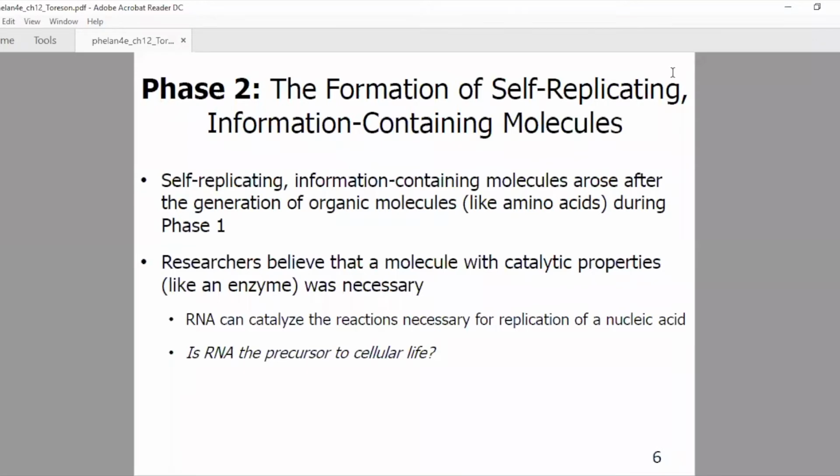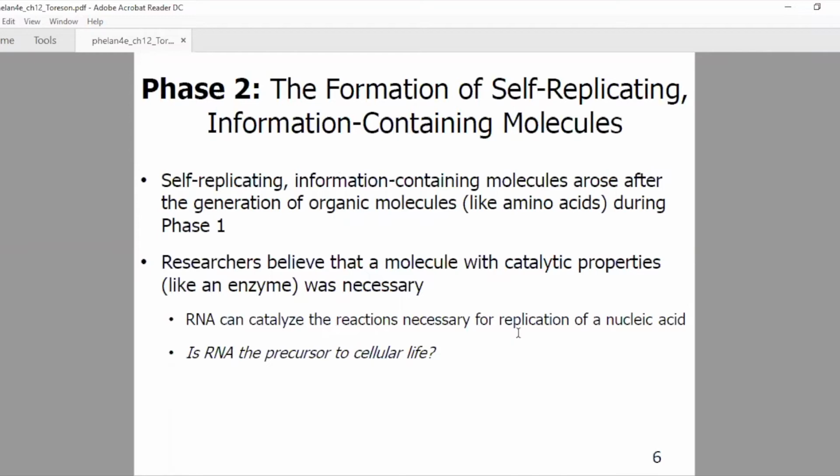Phase 2 saw the formation of self-replicating, information-containing molecules. In other words, the formation of RNA. RNA is a nucleic acid, and it is necessary to catalyze the reactions necessary for replicating nucleic acids.